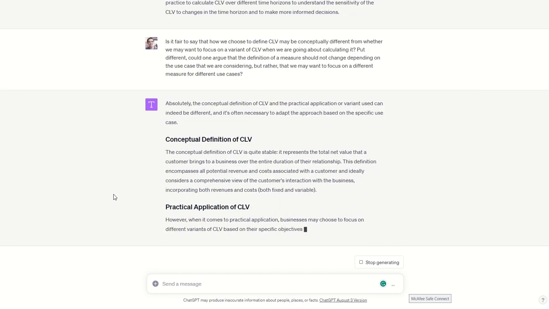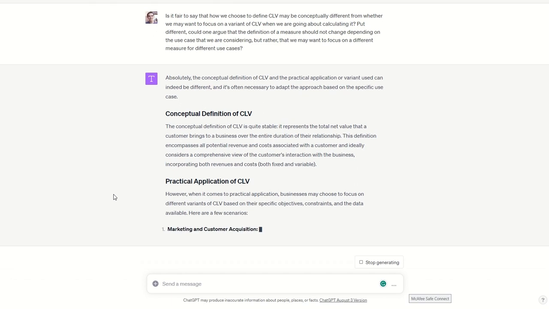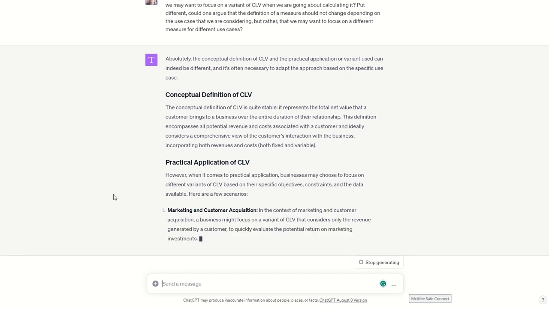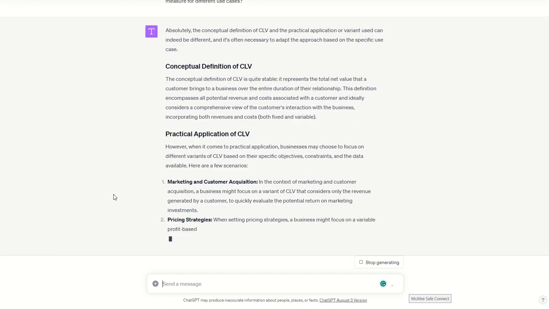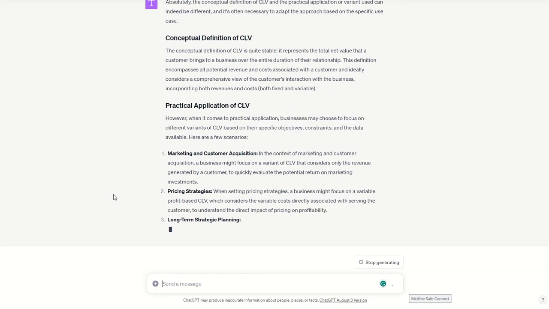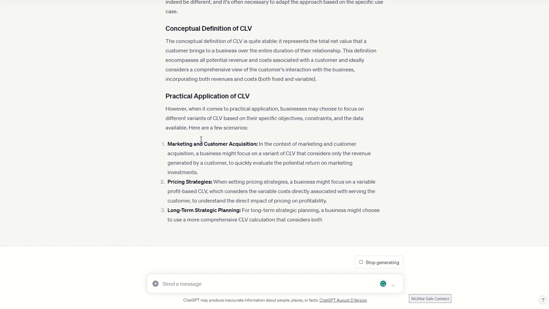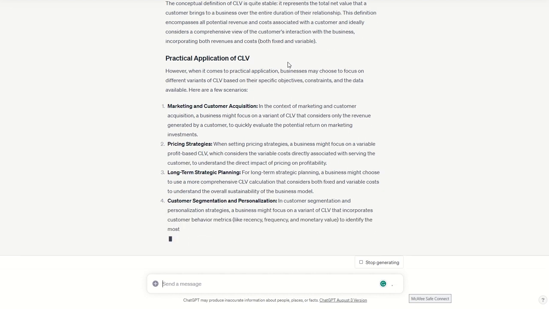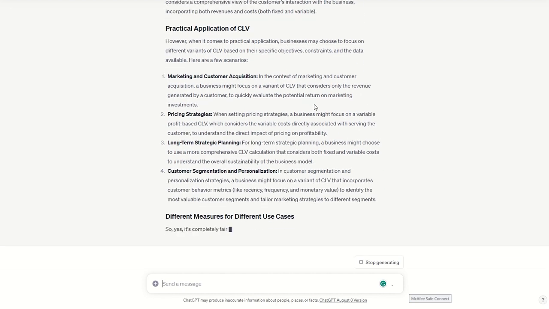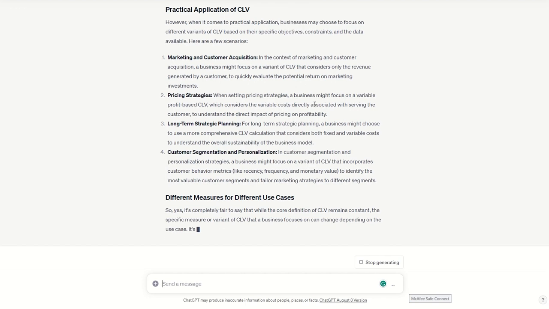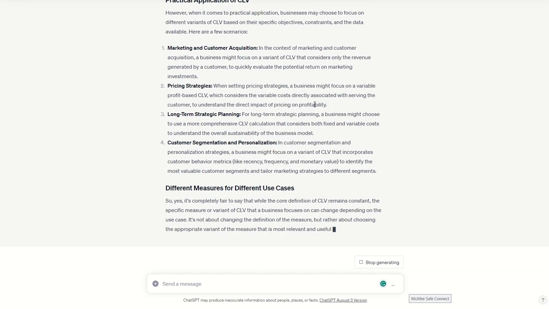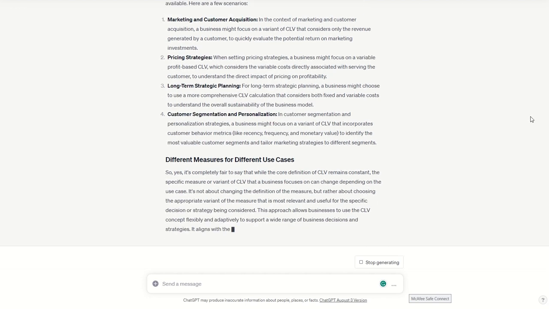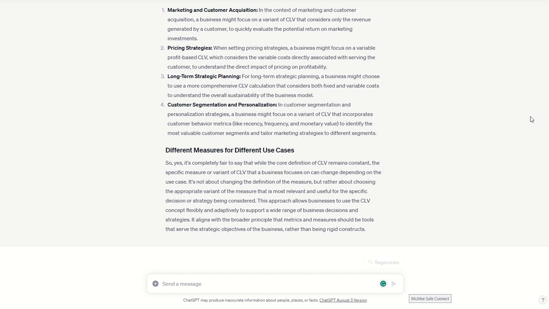Value that a customer brings to a business over the entire duration of the relationship. That's funny, it keeps honing in on both the fixed and the variable costs. Well, food for thought.